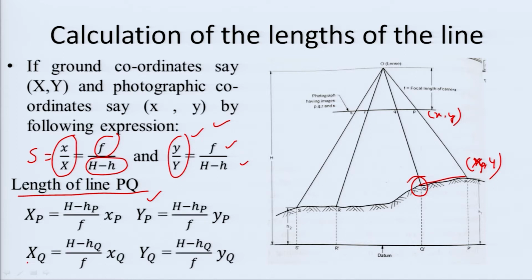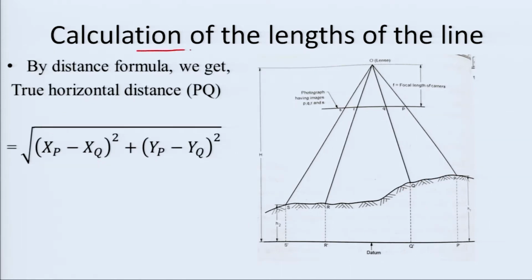Talking about that point Q, the equations can be changed: xq is equal to (H minus hq) upon focal length into the small xq, that is a coordinate on a picture or image. The y coordinate on the ground at point Q can be calculated by using this equation: (H minus hq) upon focal length into the y coordinate at point Q on the image.